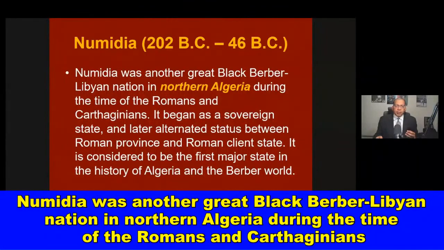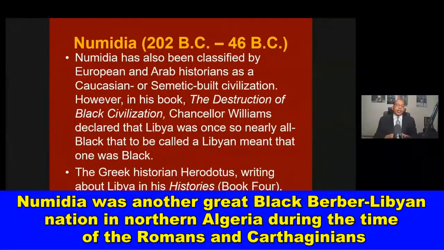It is considered to be the first major state in the history of Algeria and the Berber world. Now, Numidia has also been classified by European and Arab historians as a Caucasian or Semitic built civilization.